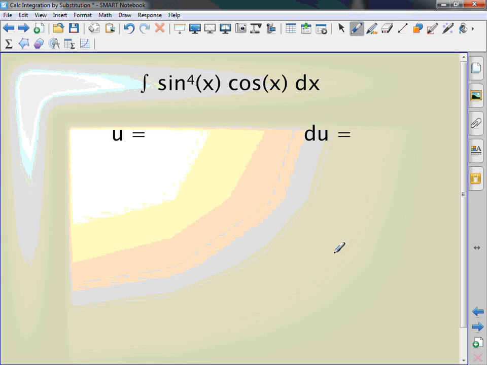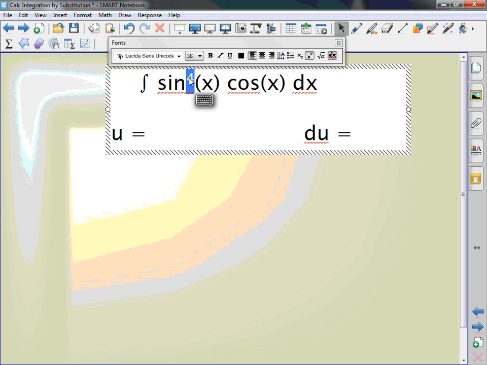Let's look at this one. Here, let me rewrite this. If I take this, what's another way I can write that?